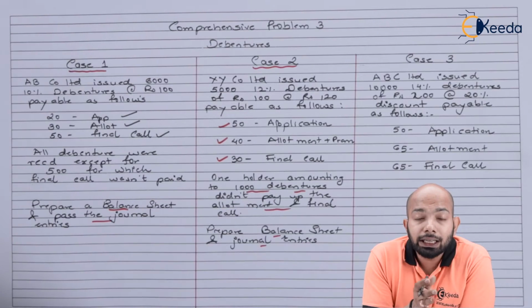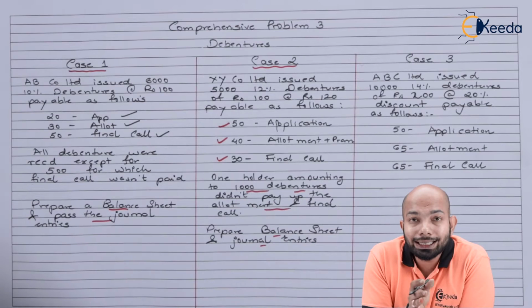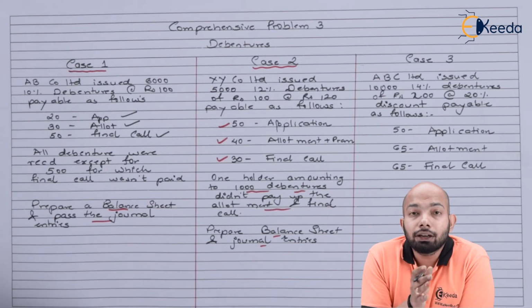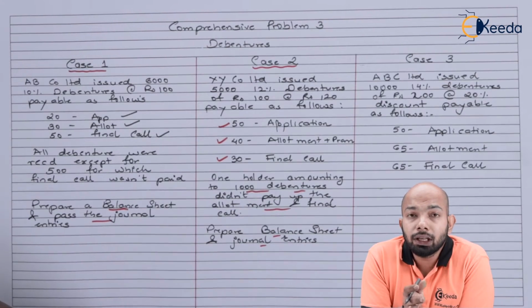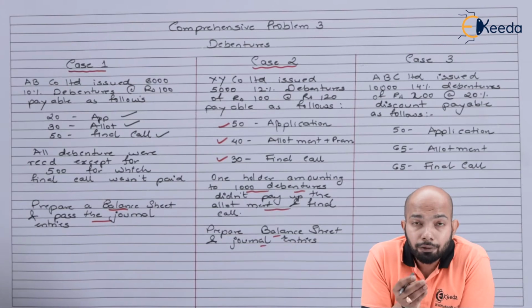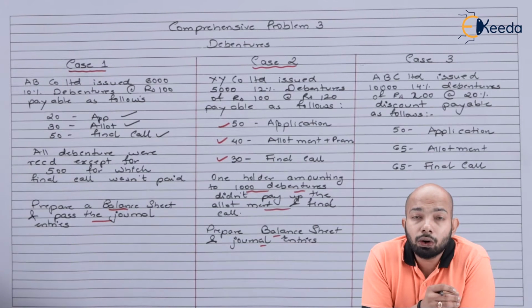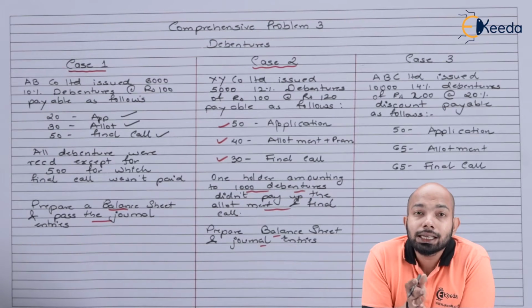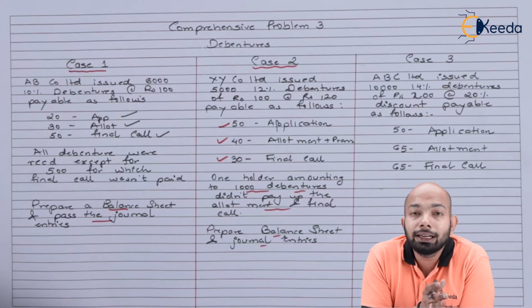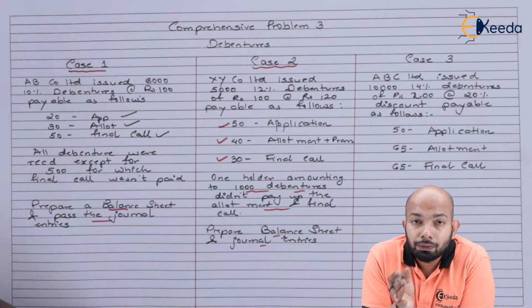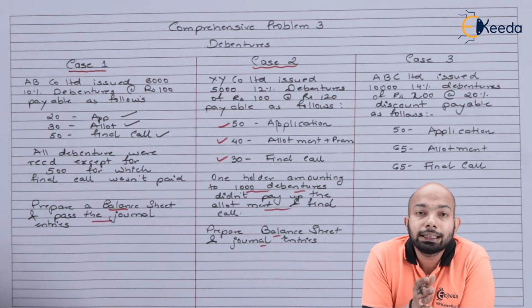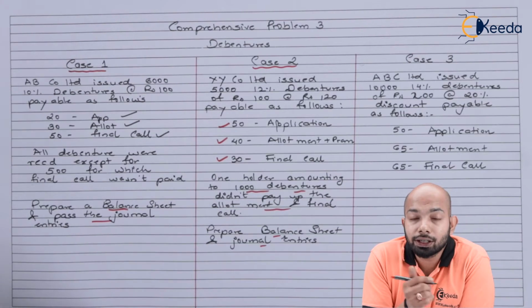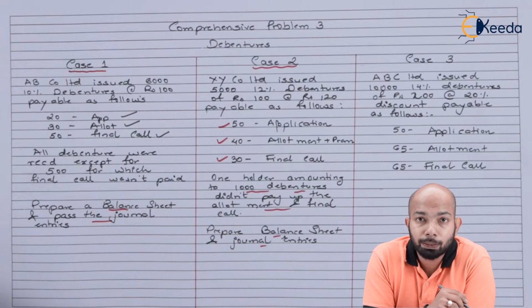The allotment money is after the discount has been deducted. So we need to take the 20% discount into consideration when the allotment entry is passed.